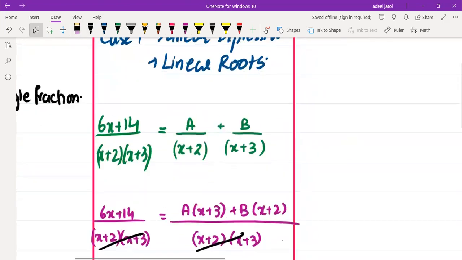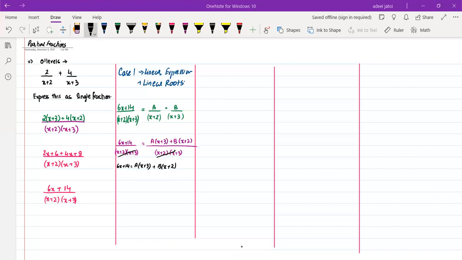Your roots here are x plus 2 and x plus 3 as expressions. So we can write x plus 2 is equal to 0, whereas x plus 3 is equal to 0. So when x plus 2 is equal to 0, x is equal to minus 2, whereas x plus 3 is equal to 0 gives x is equal to minus 3.